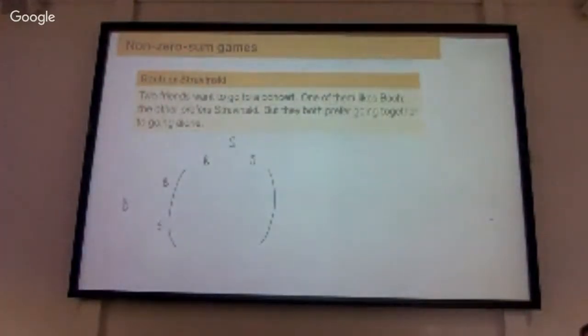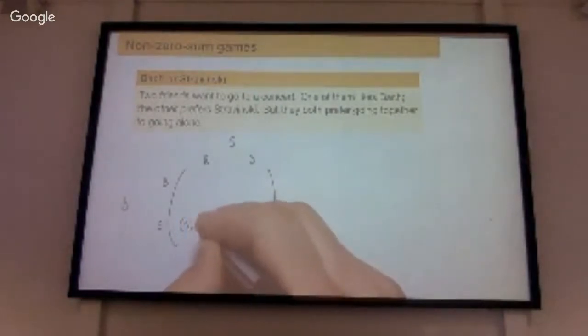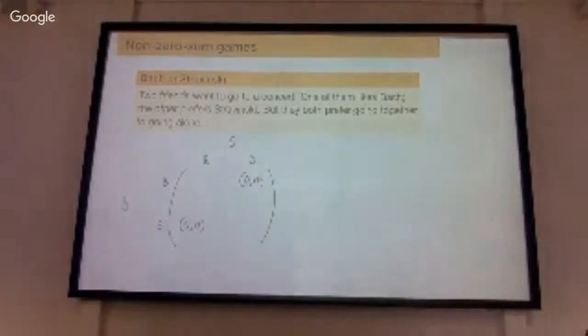One possible payoff matrix is one where the two people going to two different concerts is not very good for any one of them.